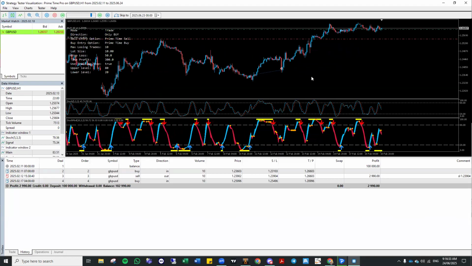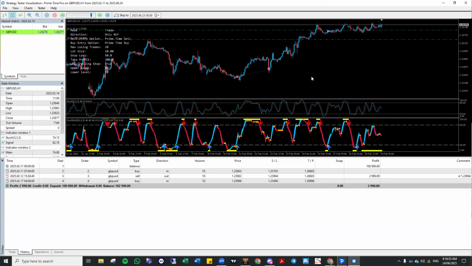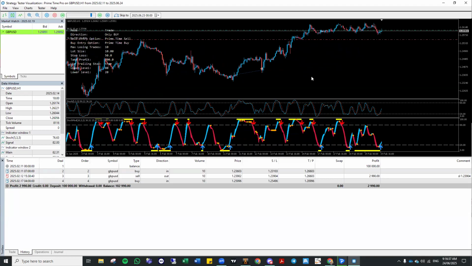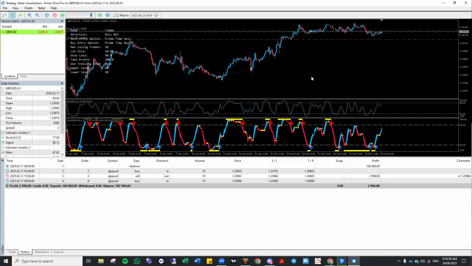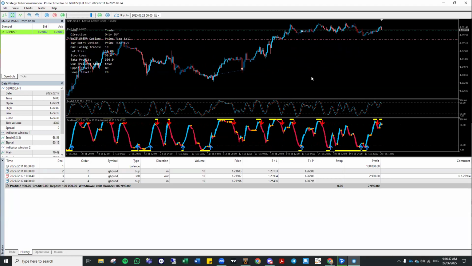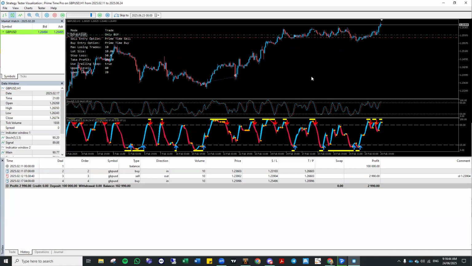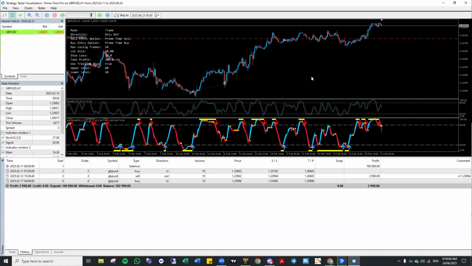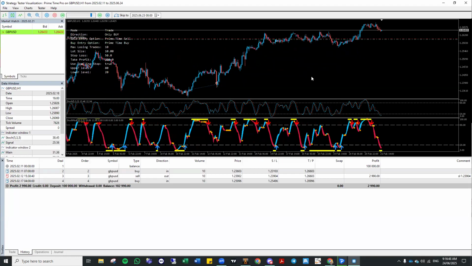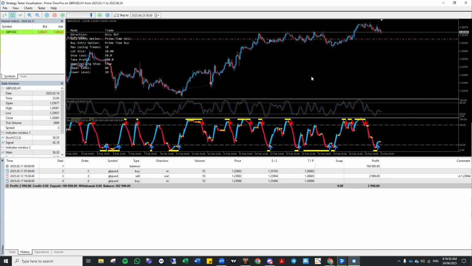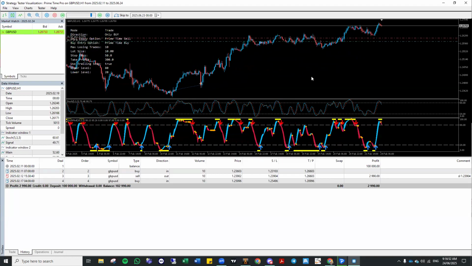Over the last probably 3 months, we have had the Trump factor, which has caused a bit of discombobulation, but sterling and euro were outrageously performing. So what I'm trying to say is we put Prime Time Pro into play.